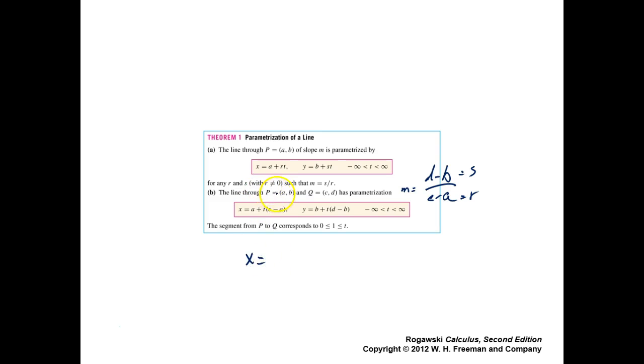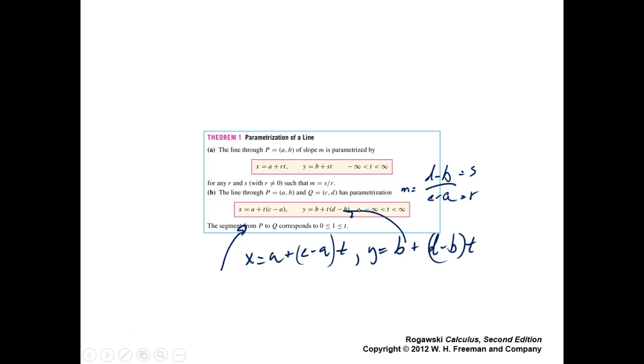X is equal to A, there's your first point, plus R, which is C minus A, times T, and Y is equal to B plus D minus B times T. And guess what? That's exactly what these give us here.